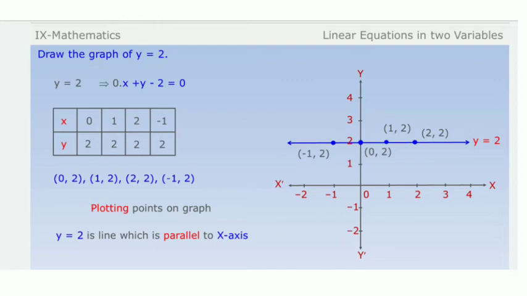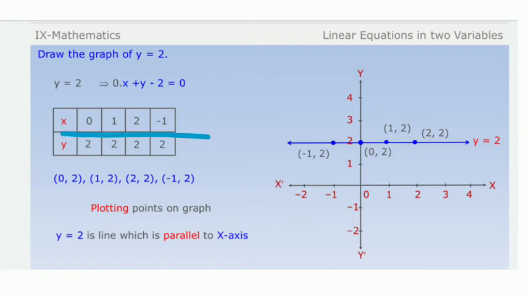Here y equal to 2 can be written as 0 into x plus y minus 2 equal to 0. Here we have to substitute any value in the place of x and you will get y equal to 2 only. Here I am taking x equal to 0, 1, 2 and minus 1.